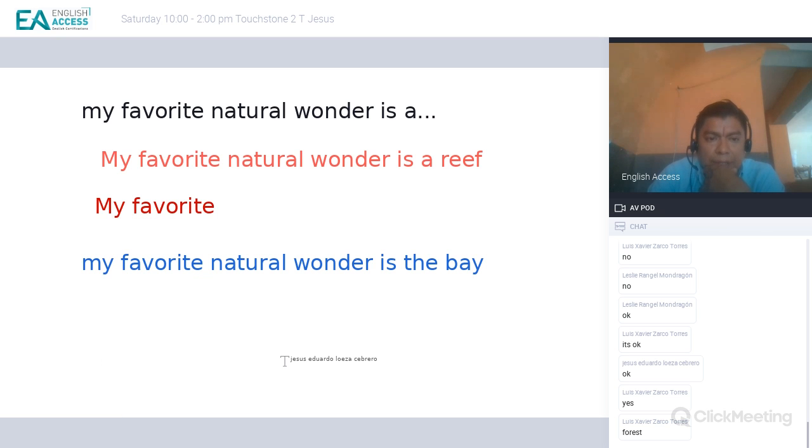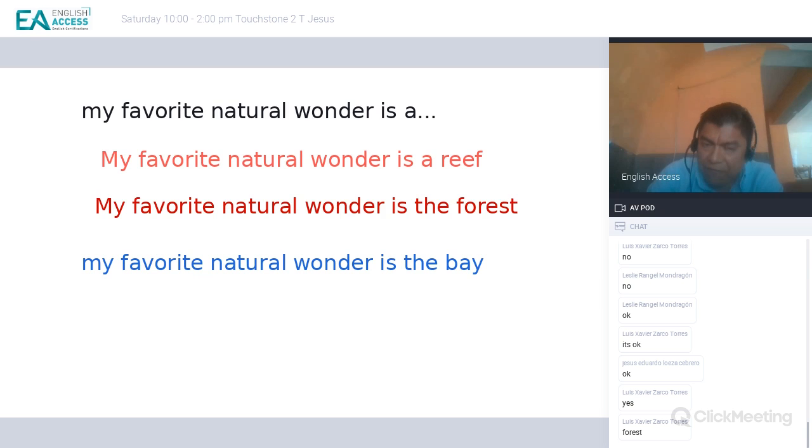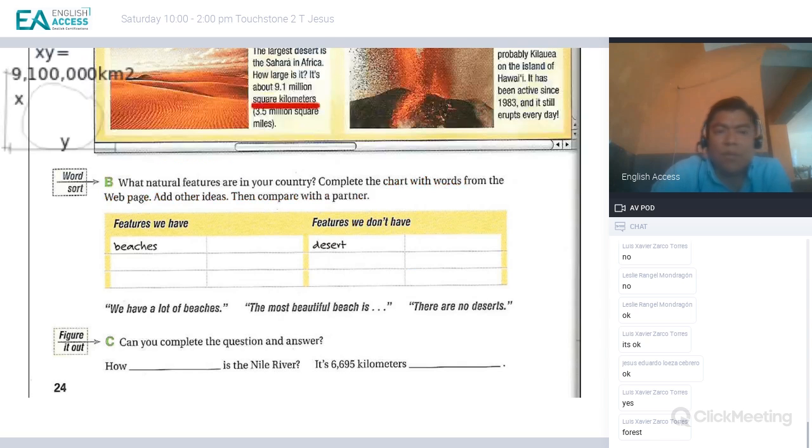A bay. Okay, good. The forest. Perfect. Good job. Let's go back to the book.